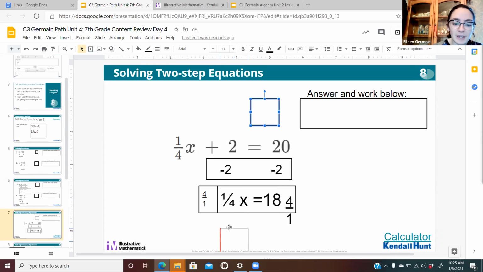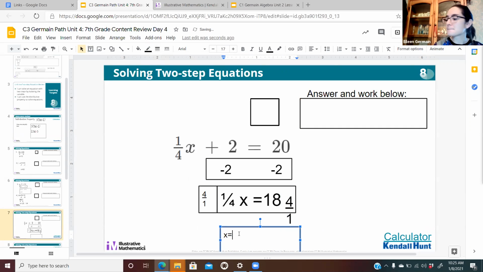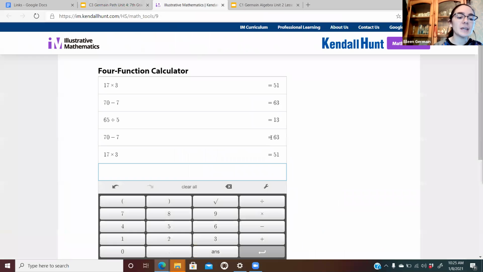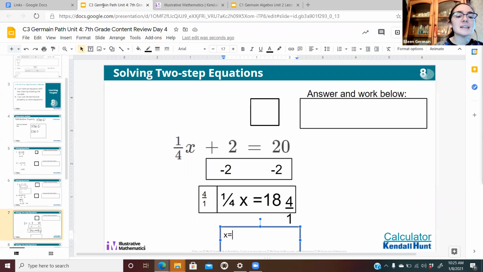We're going to be left with x is equal to, very good, because we multiply 18 times 4. Very good, Avery. We multiply 18 times 4, and we get 72. Nice job, Jaden. We get 72 over 1, which is simplified to 72. Nice job there. We got x is equal to 72.